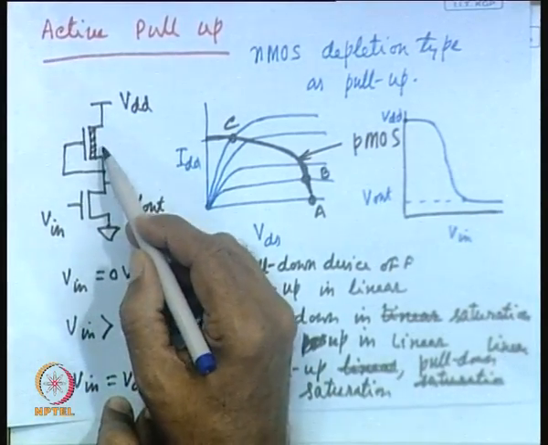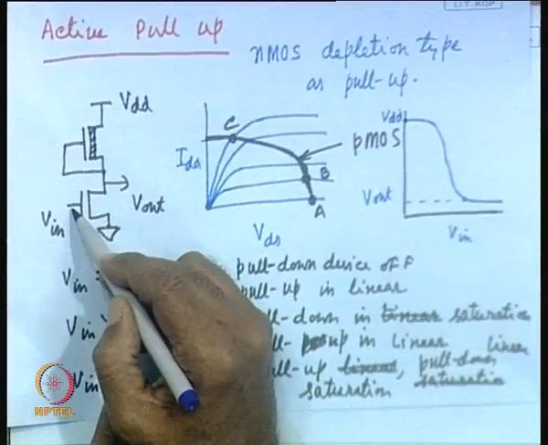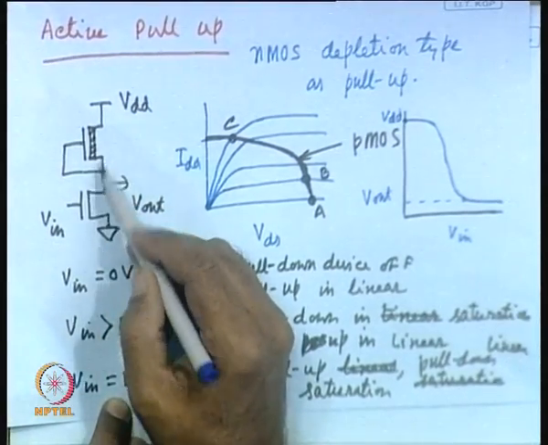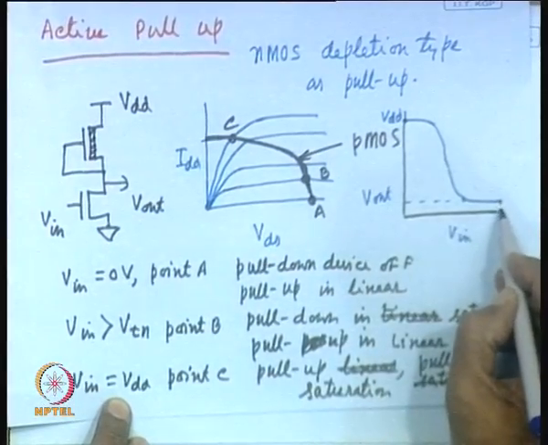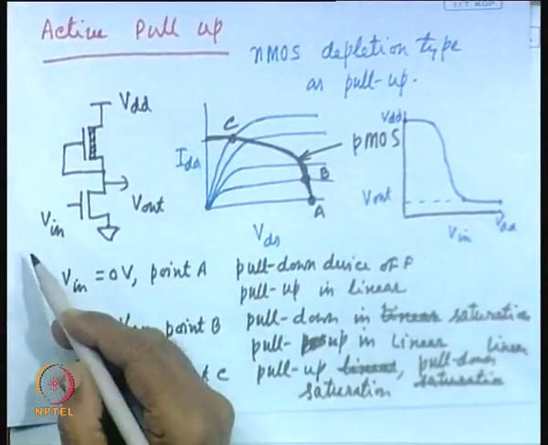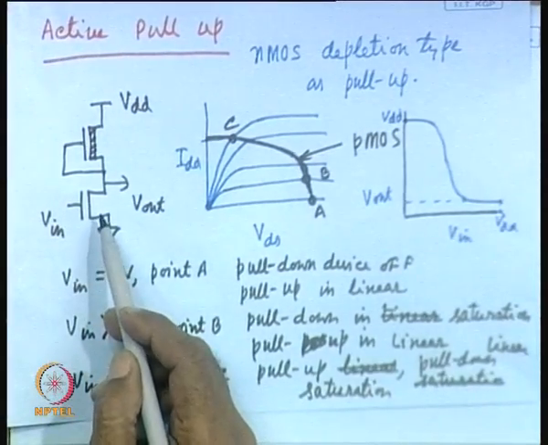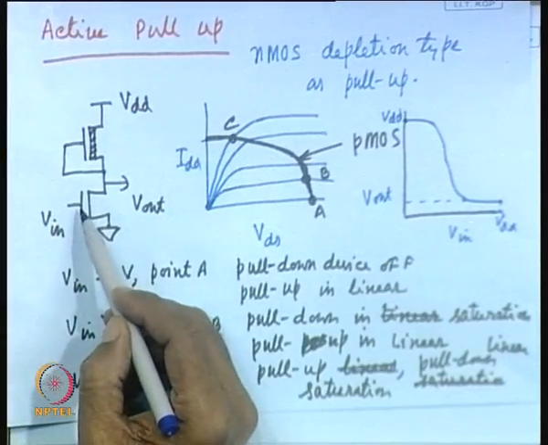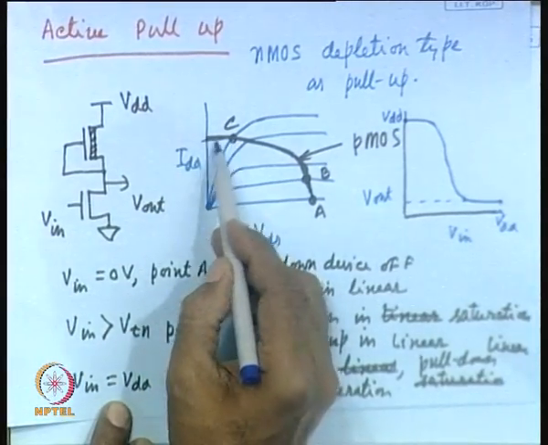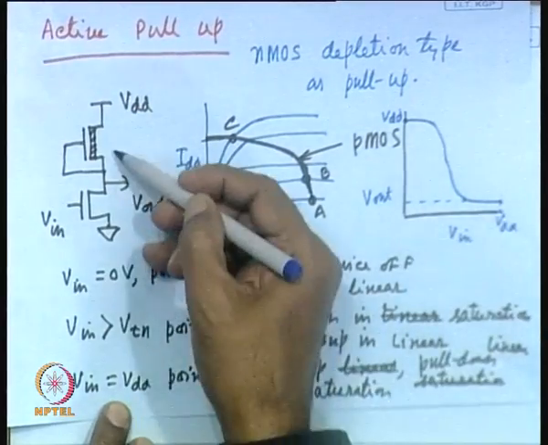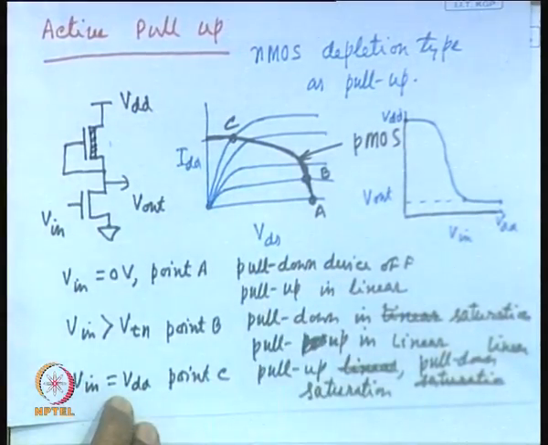The reason for that is when input is VDD, both the transistors are on. Maybe pull up in saturation and pull down in linear, but both of them will be having some finite resistance.